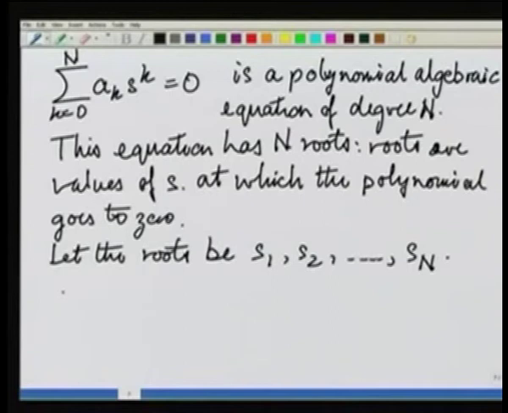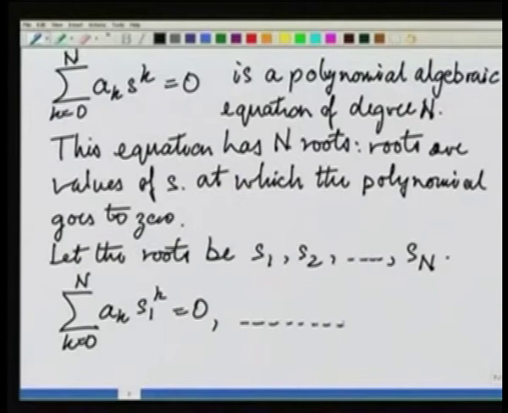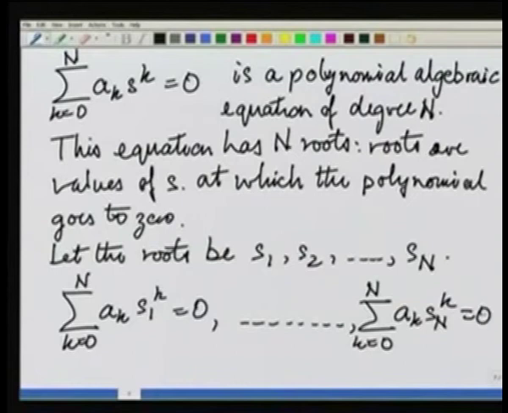We mean, for example, that summation k equal to 0 to n a_k S1 to the k is 0, and so on for S2 and other roots until it is also true that summation k equals 0 to n a_k Sn to the k equals 0. So, every one of these is a root for the algebraic homogeneous equation.